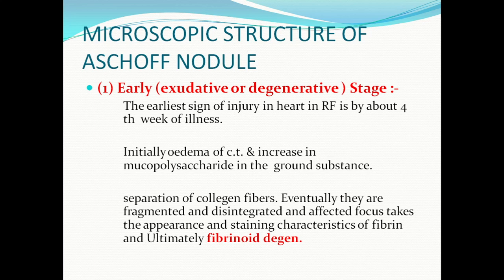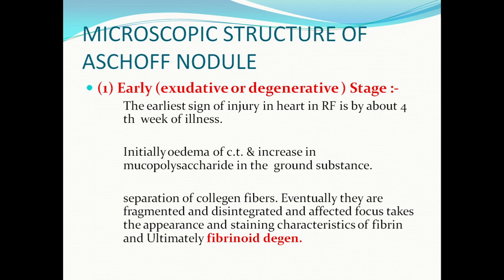So after infection with the streptococci, what happens? There will be a pharyngitis, and after the fourth week, there is an illness in the heart in the form of the early stage. What happened initially?